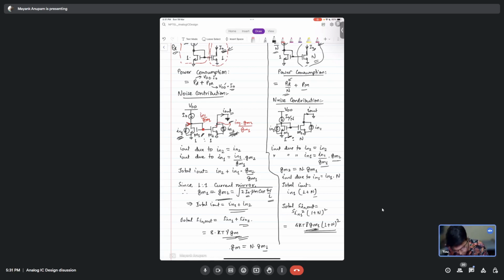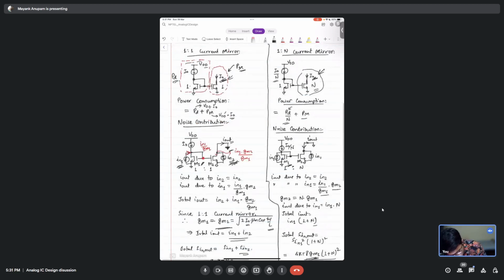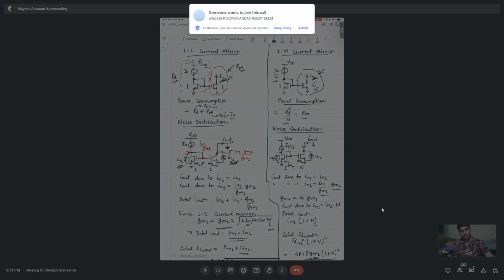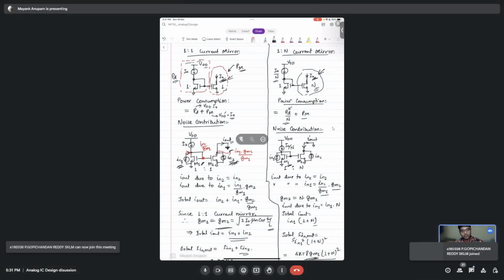This current I out is actually equal in both of these. This is I out, right? This 1 and this n are actually same. Okay. I mean, are you getting my point here? Understood, sir. Because to reduce the power, we are just making I naught by N. Yes, correct. That is why.